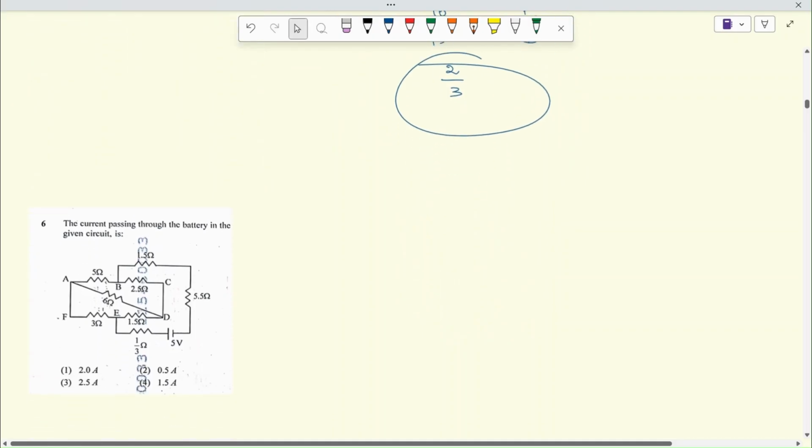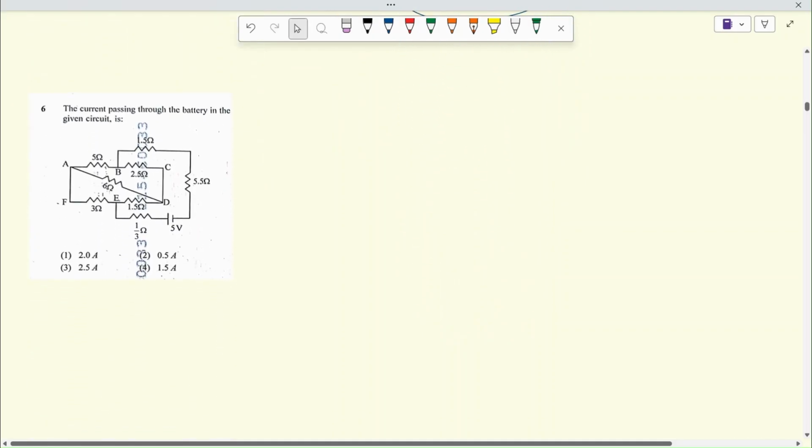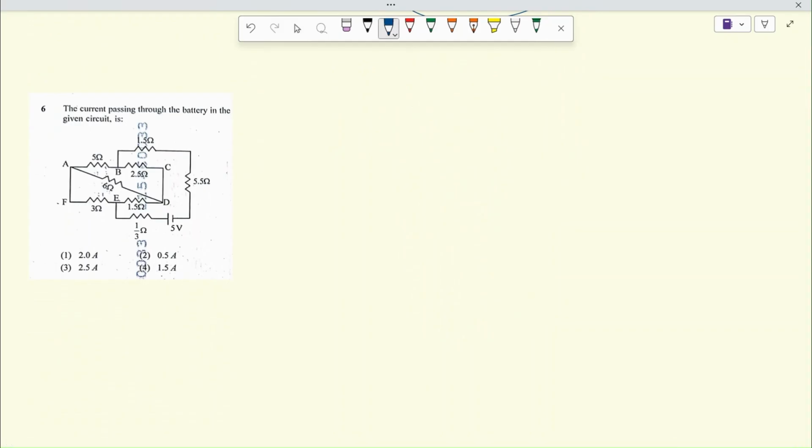Going to sixth question. Look at this one. Here the resistors combination is given. You can see this part, this rectangular part, it is nothing but a balanced Wheatstone bridge. So let us take it separately and find that resistance first. So what will happen? The bridge resistance 6 is not there.